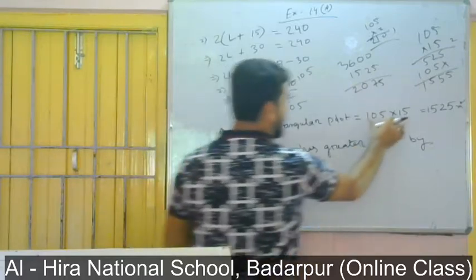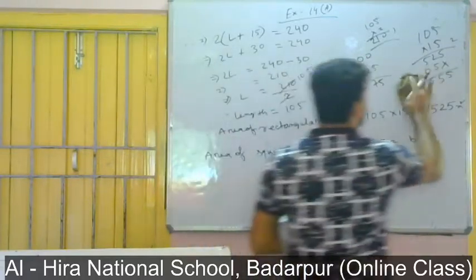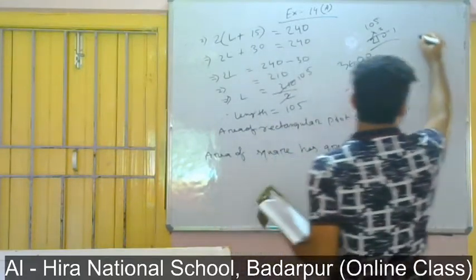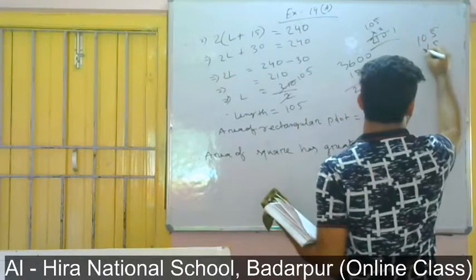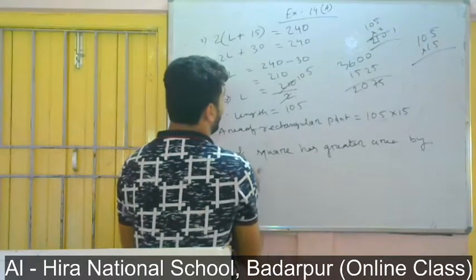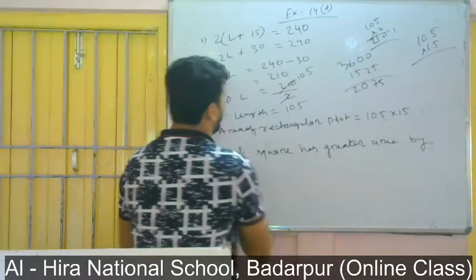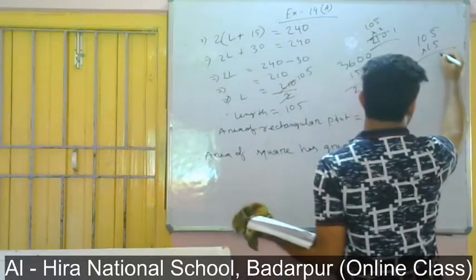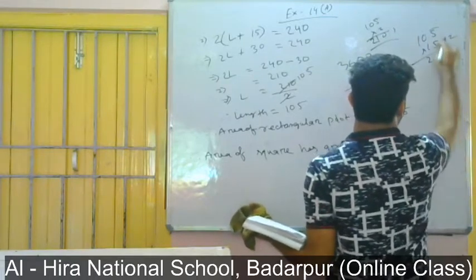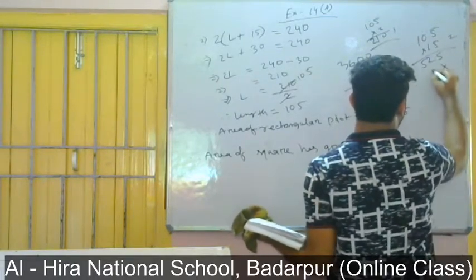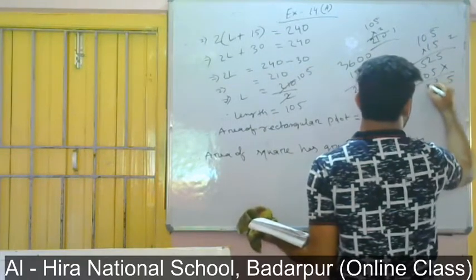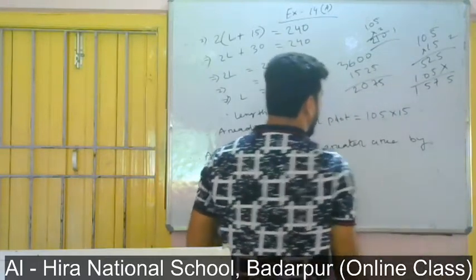One thing, you just multiply this one again. I have made a mistake at the time of multiplication. You check again: 105 into 15. 5 fives are 25 and remain 2. 5 ones are 5, then 5 plus 2 is 7. So it is 1575.